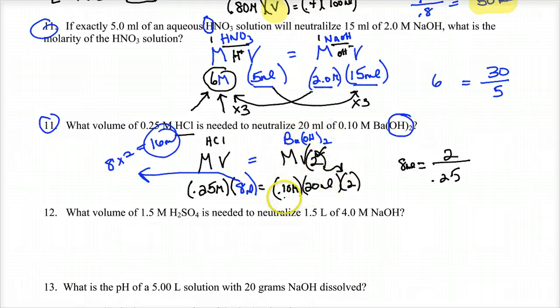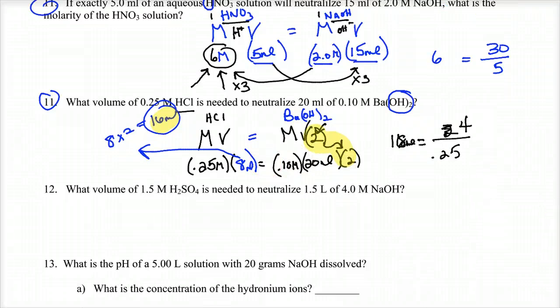Solving 0.1 times 20 times 2 gives me 4. 4 divided by 0.25 gives me 16. See how that worked? So you can do it after like I did, or you can put the number of the multi-protic or multi-basic in this case right on the same side. And it'll give you the answer, which is 16. Or you can do it like I did.